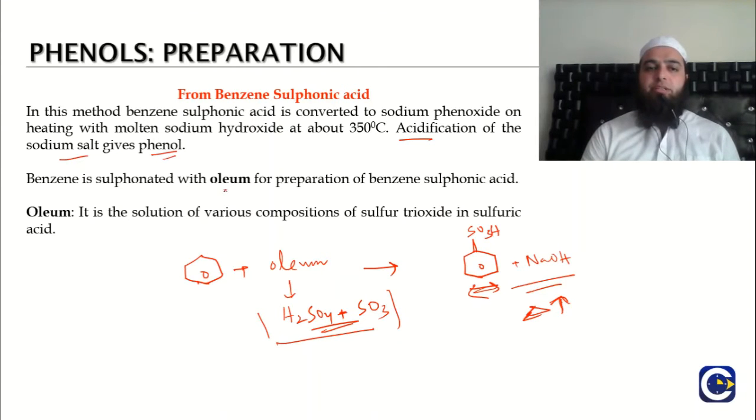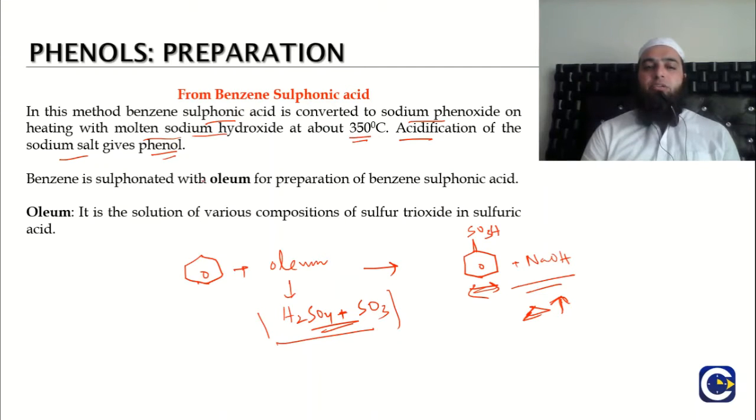This is the overall reaction. In this method, benzene sulfonic acid is converted to sodium phenoxide on heating with molten sodium hydroxide at about 350 degrees Celsius, which is a very high temperature, and acidification of this sodium salt, sodium phenoxide, then gives us the phenol.